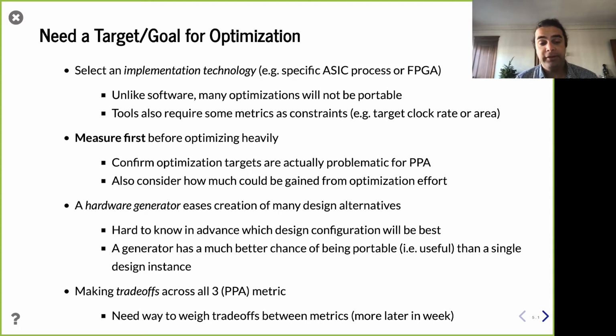Now, the good news is, when we're talking about how we're going to do this, we can use a hardware generator, right? Before, if you had tons of Verilog, that kind of static design, if you wanted to perform optimization, you had to change a lot of code. And if you want to have your old version versus the new version, you have to have 2 copies of your code or something. It got really ugly, right? With a generator, as you start applying optimizations, you can make these configurable, generated features, right?